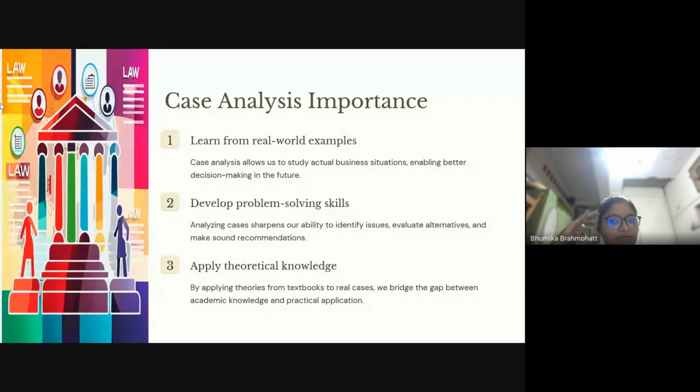Then you have to apply your theory knowledge. Theory knowledge in the sense not just textbook knowledge, but academic knowledge and practical application. As I gave an example, if I impose my opinion on a case, the real case will not show. The real explanation the court has given, and the party or reader who has come to the website to read your article, will find your article totally different from the court.